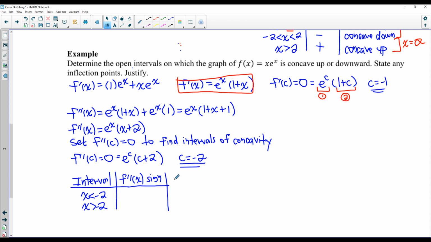And then we also want to identify the concavity. We're basing it on this equation right here.